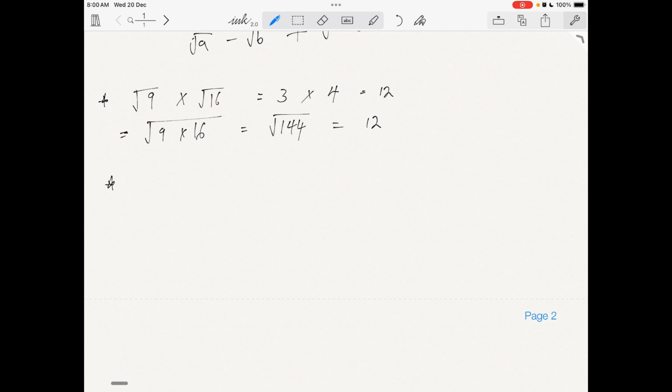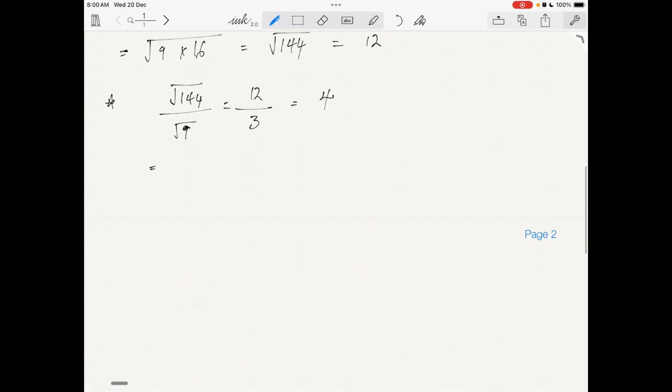Let's also try root 144 divided by root 9. Root 144 is 12, root 9 is 3, so our answer is 4. And by the law of surds, this is root of 144 divided by 9, which is root 16, and the answer is 4.